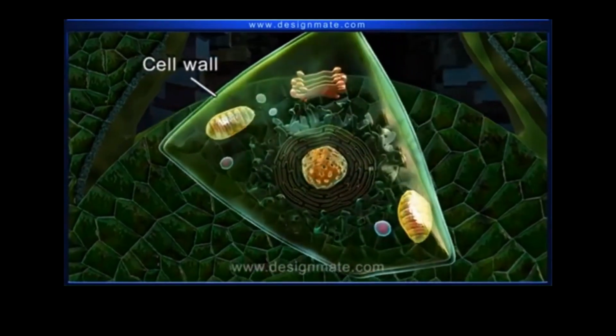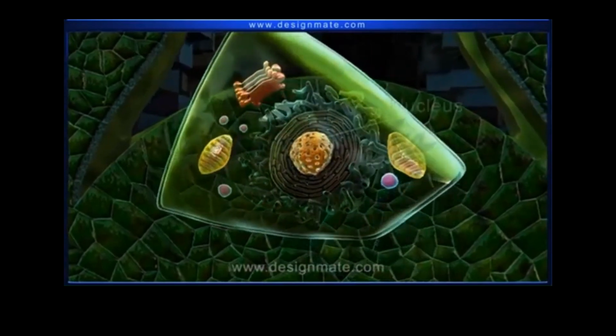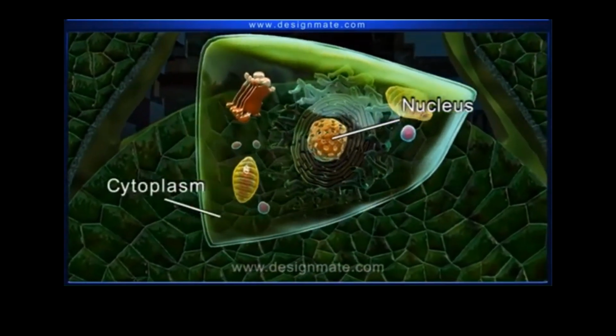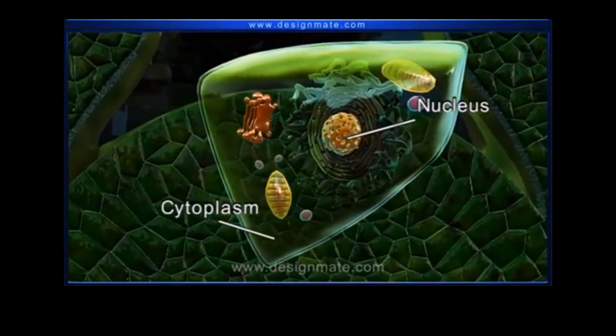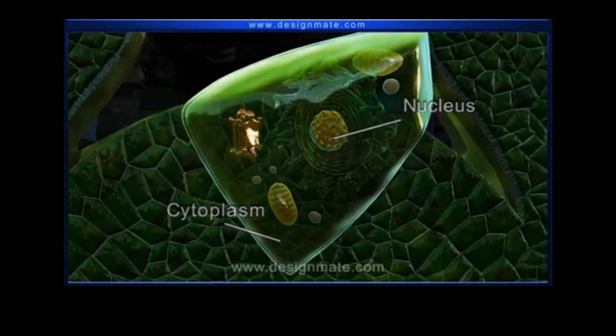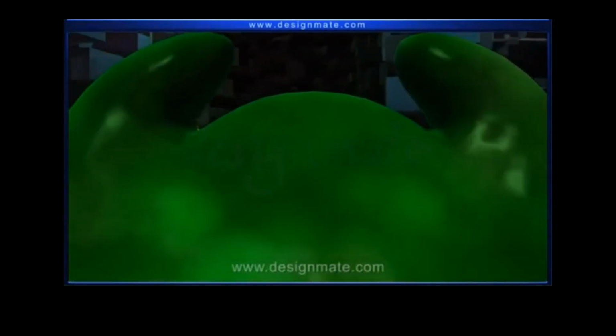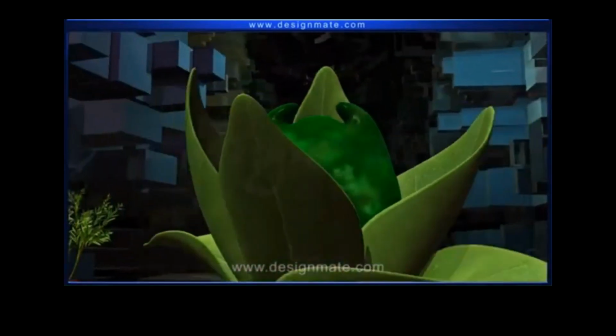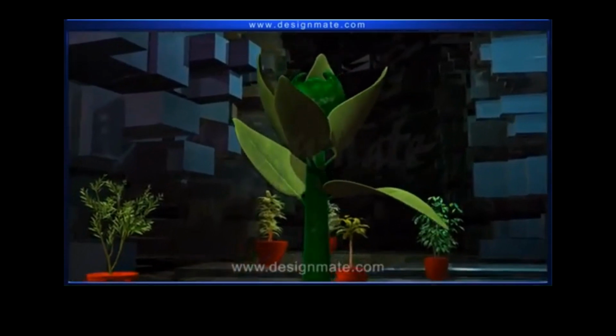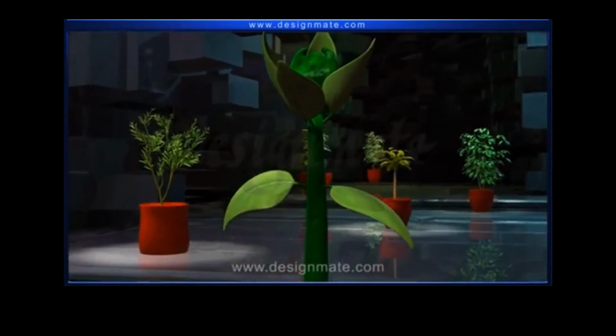The cell wall is thin and made of cellulose. Each cell has a large prominent nucleus with dense cytoplasm and few or no vacuoles. The main function of the meristematic tissue is to divide continuously and form new cells, helping the plant to grow.